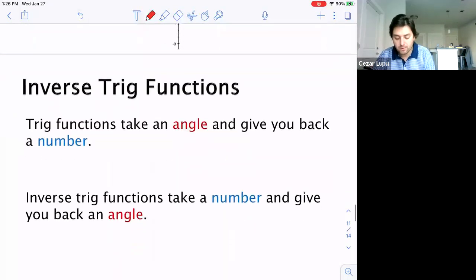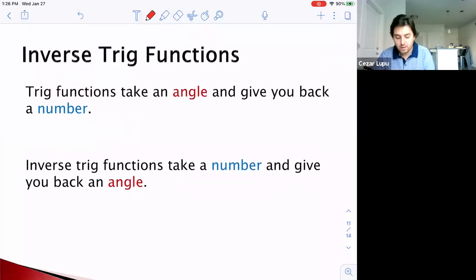All right. Well, what about the inverse trigonometric functions? The trigonometric functions take an angle and give you back a number. If you take x, it will give you sine of x.